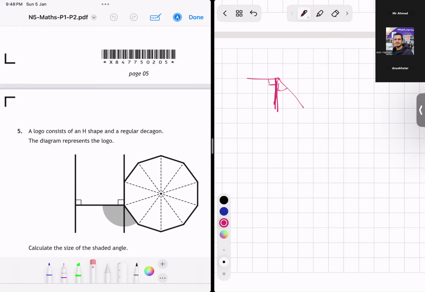Shaded angle. So what do you think? Do you think this one's hard or easy? It's really easy. So it's 90 degrees and the other one is missing.